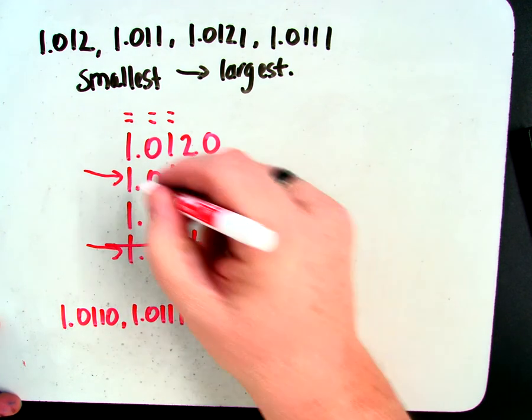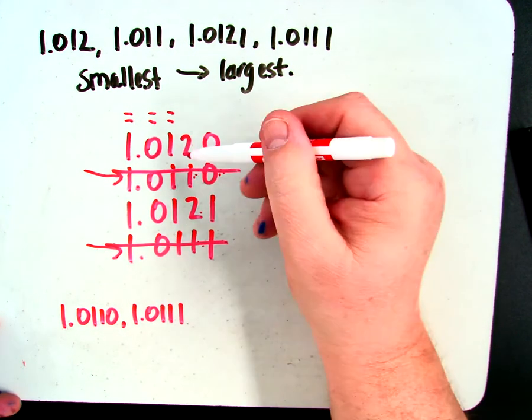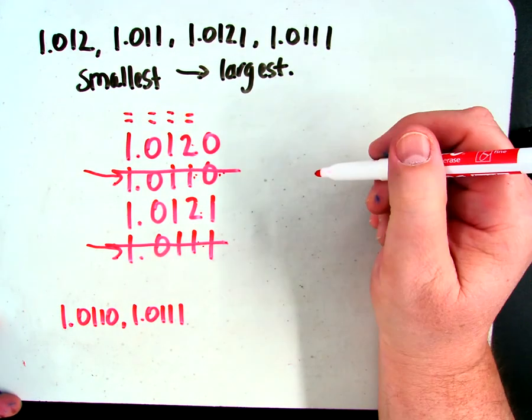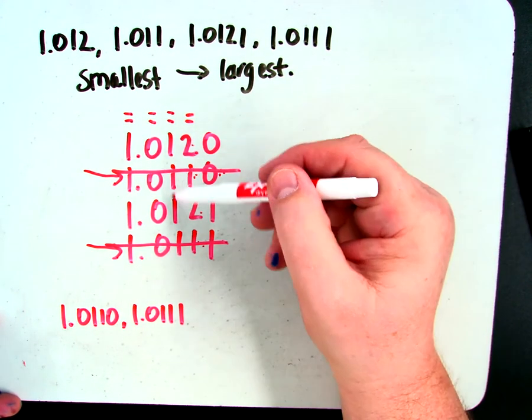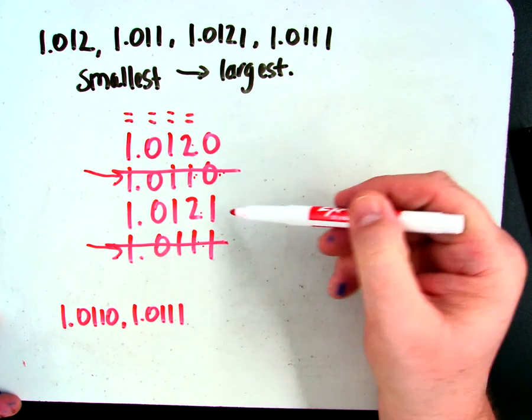So we've already ordered these two. Now we continue looking at these. We have a 2 and a 2. They're equal. Yes, ma'am. This column here.